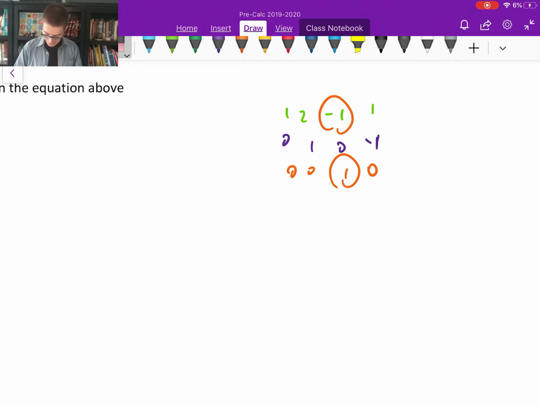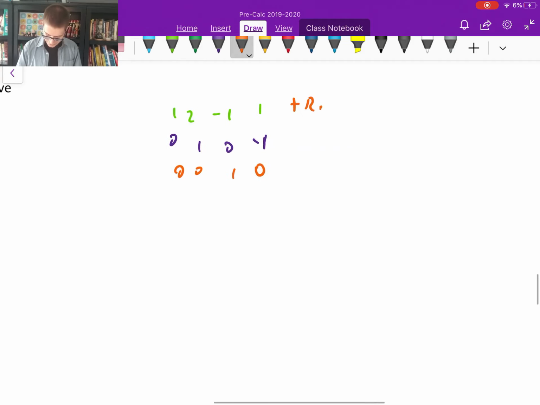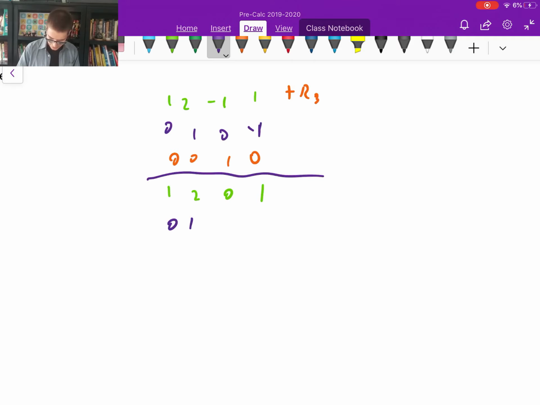I'll just say plus row 3, and it'll give me 1, 2, 0 plus 1, 0 plus 2 is 2, negative 1 plus 1 is 0, and then 0 plus 1 is 1. And then I'll get, let's make a partition here, 0, 1, 0, negative 1, and then 0, 0, 1, 0.